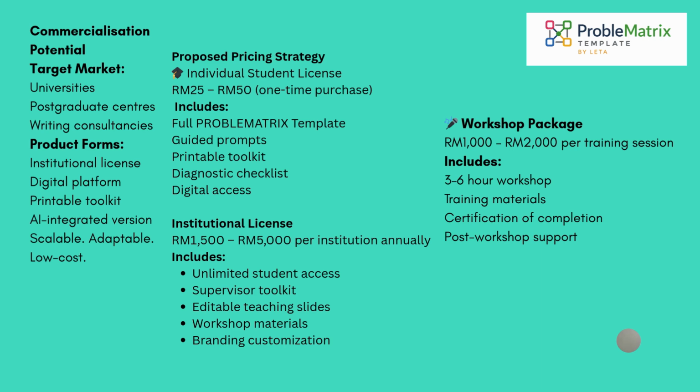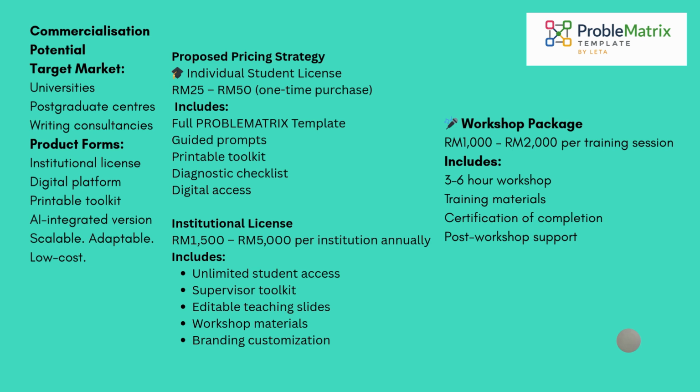In terms of pricing strategy, we design a tiered model. For individual students, a one-time license between 25 ringgit to 50 ringgit provides full access to the template, toolkit, and diagnostic system. For institutions, an annual license between 1,500 to 5,000 allows unlimited student access, supervisor materials, and customization options.